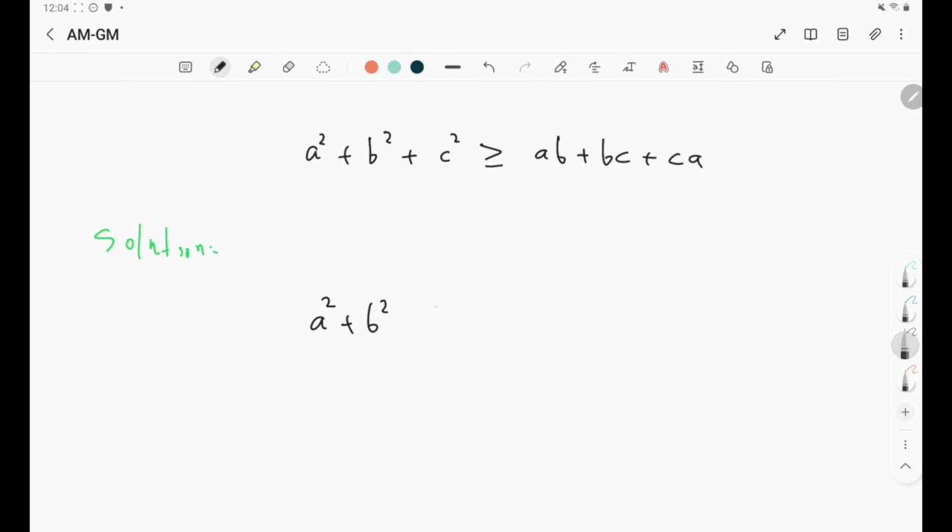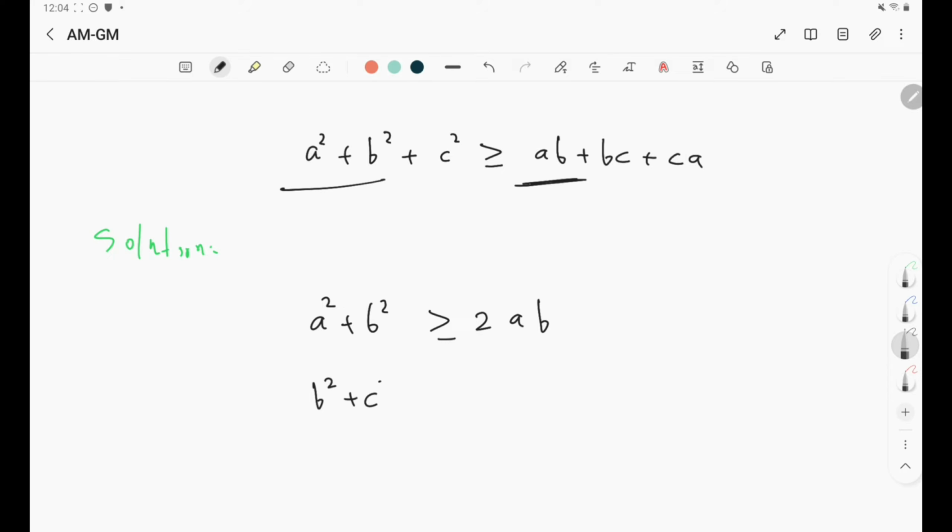So a squared plus b squared over 2 is greater than or equal to the square root of a squared b squared, which is just ab. In fact, if we just multiply both sides by 2, it will be like this. Now that's interesting. But we have a squared plus b squared and we have 2ab. Well, what happens if we do the same for the others?